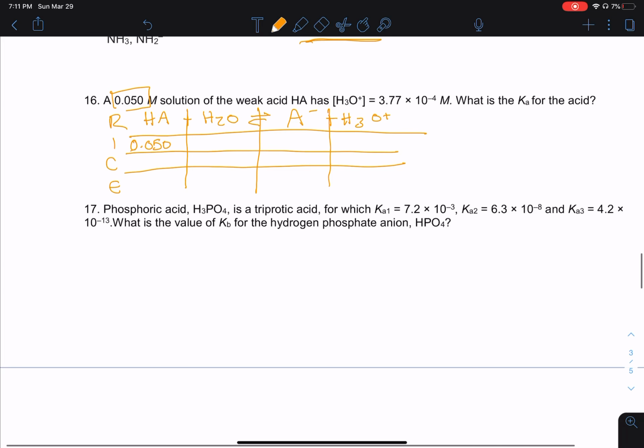And we don't include H2O because it is a pure liquid. And so this would be minus X, this would be positive X, and that would mean 0.050 minus X, X and X.